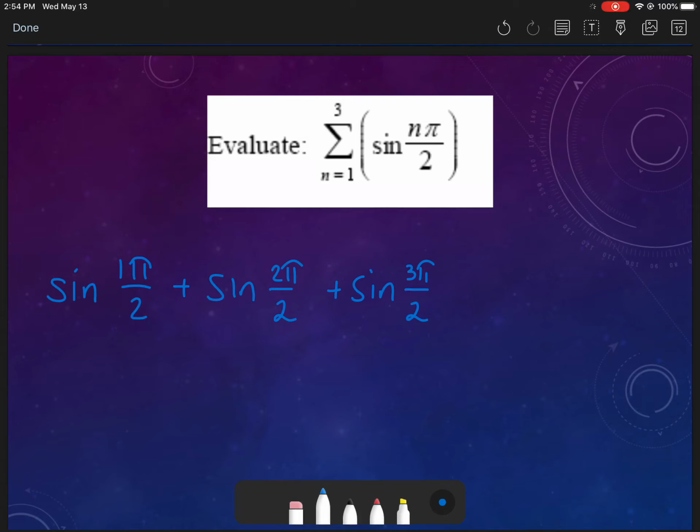Okay. I'm actually going to plug this into GeoGebra, which I recommend you do as well, because it's going to be easier that way. Let's get up GeoGebra here.